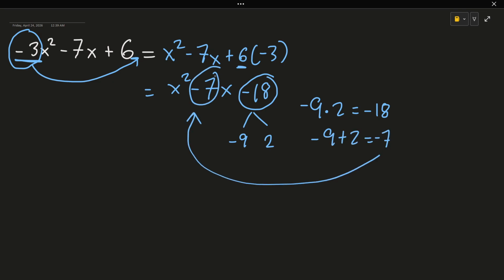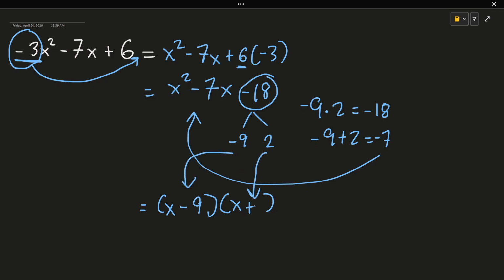Now that you have the two numbers, the next step is to have two groups of parentheses, then put x on the left of the parentheses. After that, put the numbers in each of the parentheses. Now, are we done?